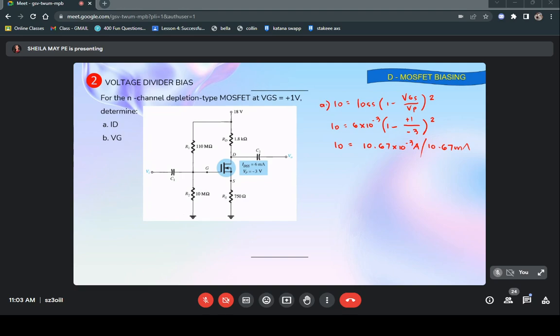So to solve VG, R2 is 18 mega times 40 VDD, over R1 which is 22 mega plus R2 which is 18 mega. So this would be 18 volts.